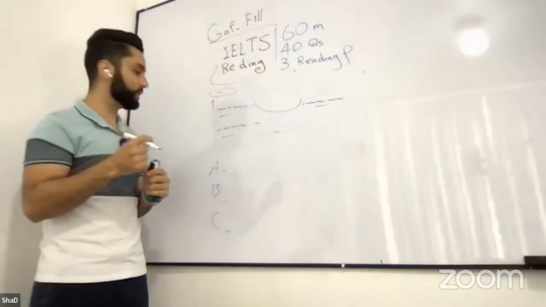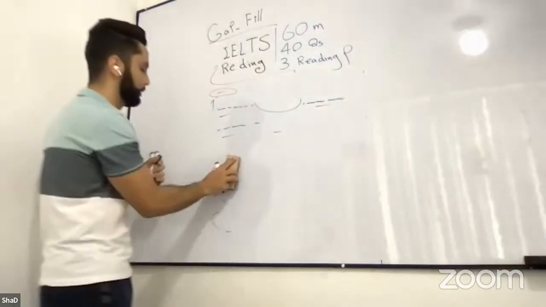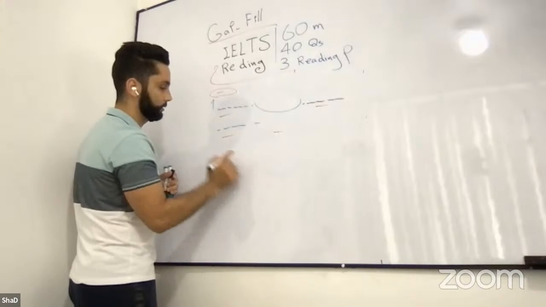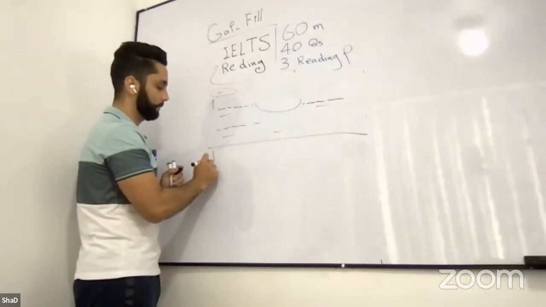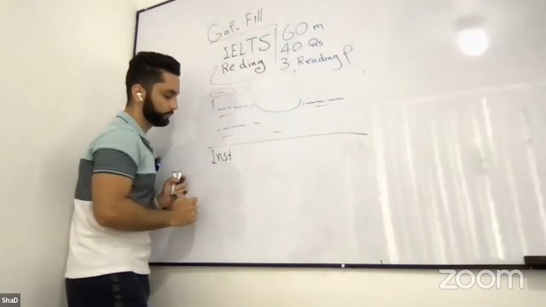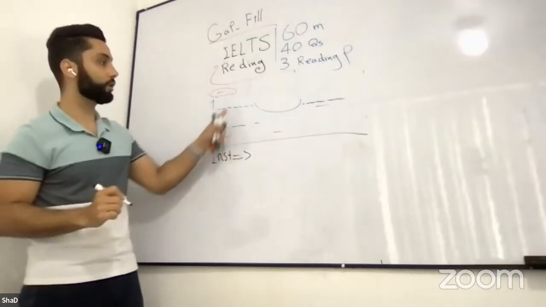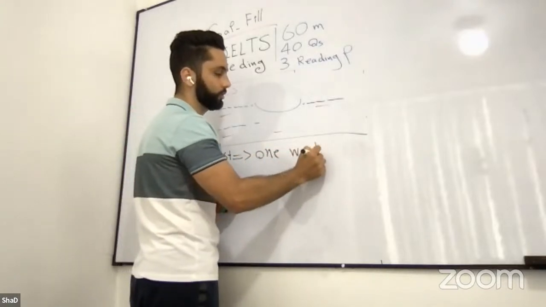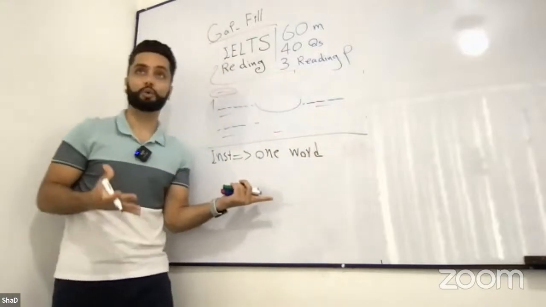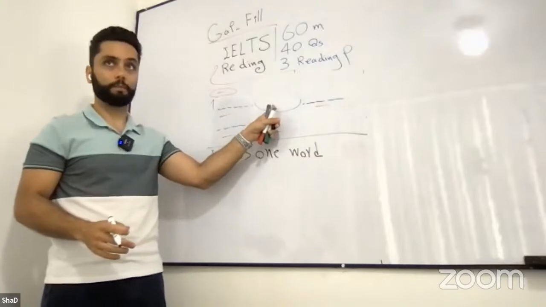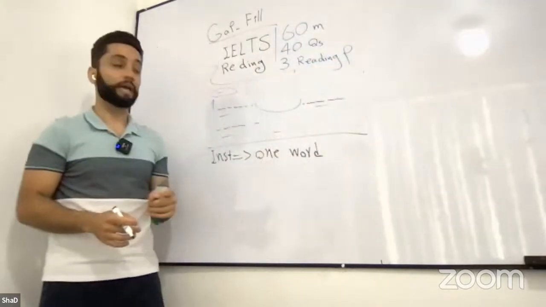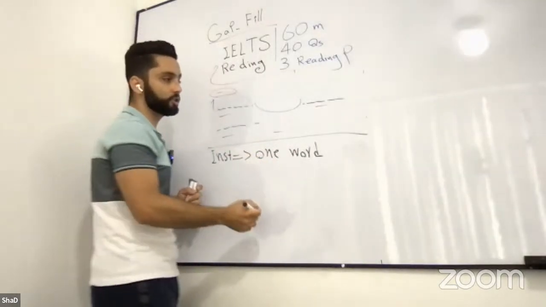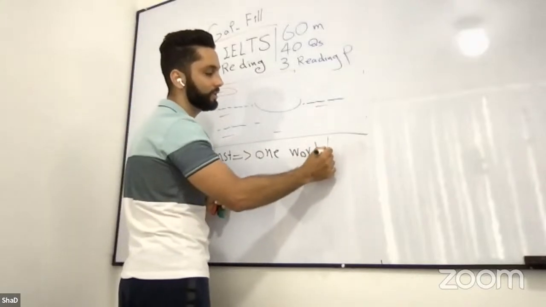I'm going to write instructions here. Normally they say you can write one word only. So the instruction tells you explicitly, you can only write one word here. Whether you find it in the text, or if you have options, you have options. If you don't have options, sometimes it tells you you can write one word and a number.